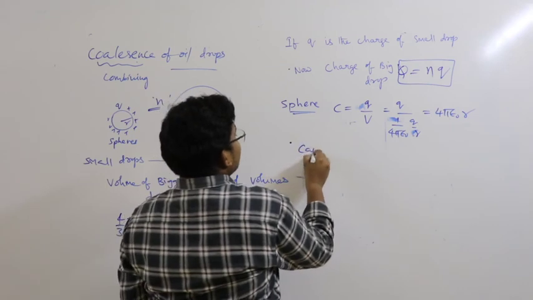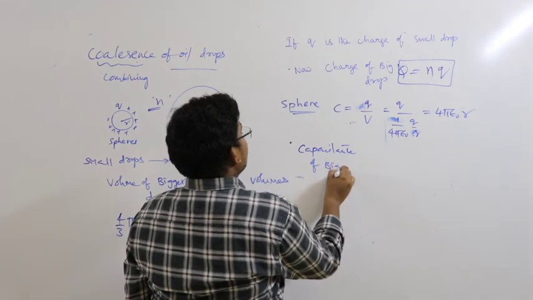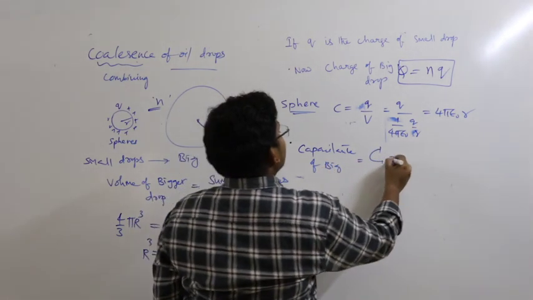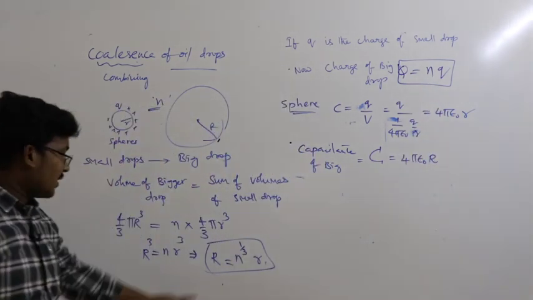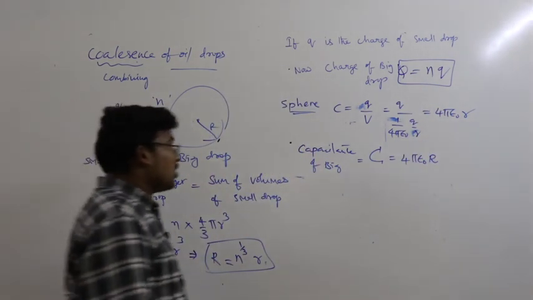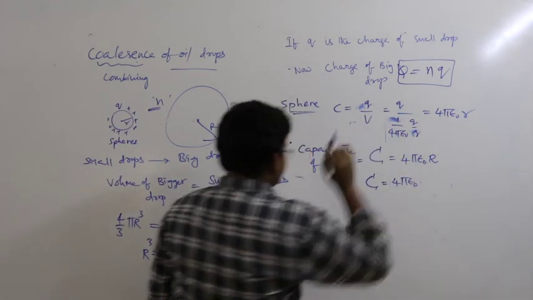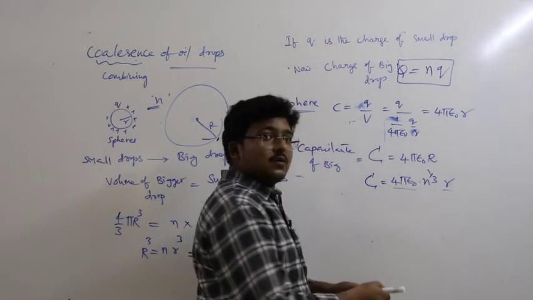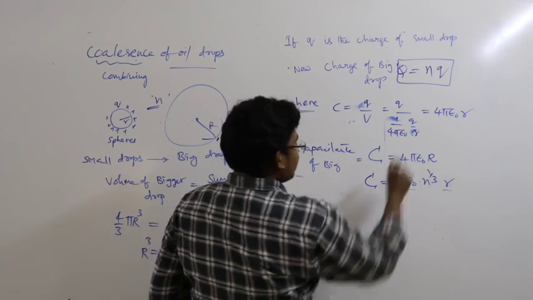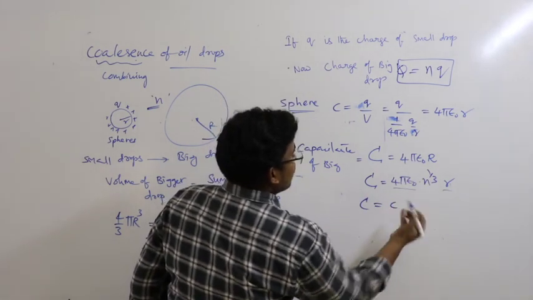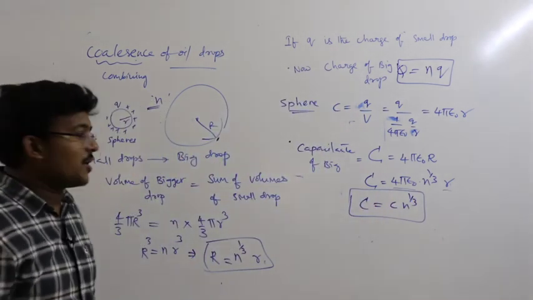Now the capacitance of the bigger drop: capital C is equal to 4 pi epsilon naught capital R. But you know that capital R is n power 1 by 3 times small r. So capital C is equal to 4 pi epsilon naught n power 1 by 3 small r, which is the small c times n power 1 by 3. So this is how the capacitance of the bigger drop will be.